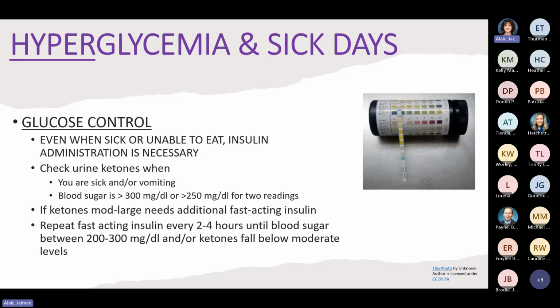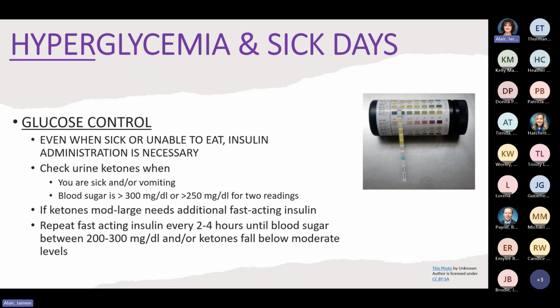Glucose control is super important on these sick days, like I discussed earlier. Insulin is always necessary. Their body does not produce it, so they have to have insulin. We can encourage them to check the urine ketones when they're sick and vomiting. If the blood sugar is greater than 300, or greater than 250 after 2 readings, then they should start to check.